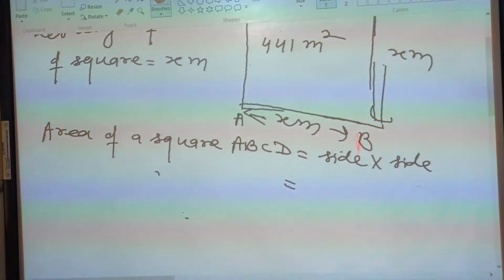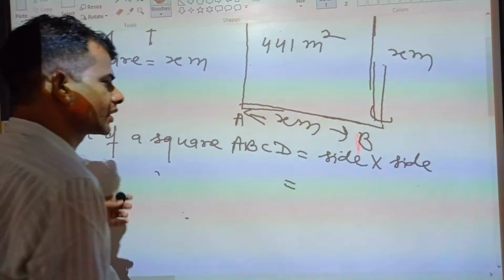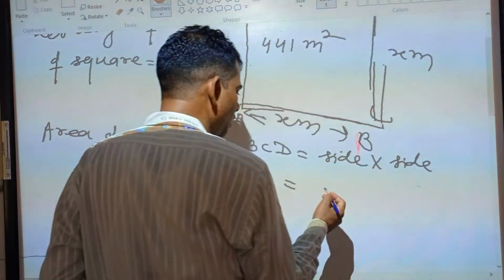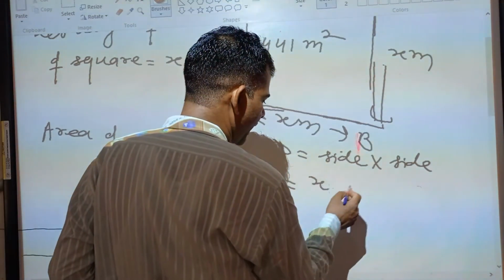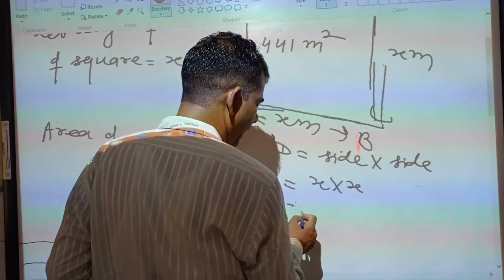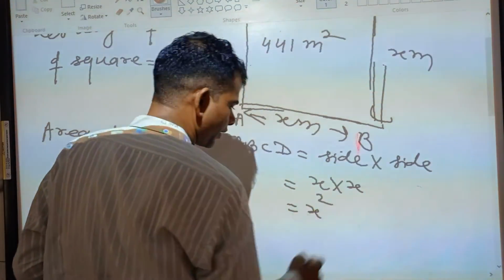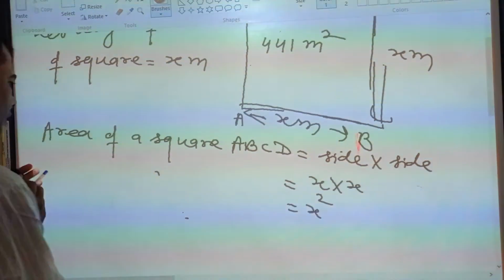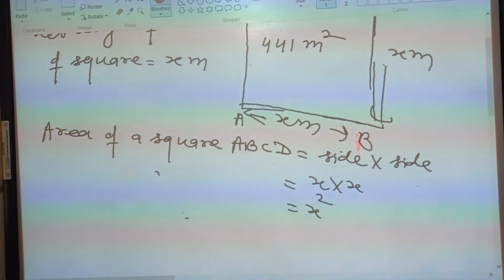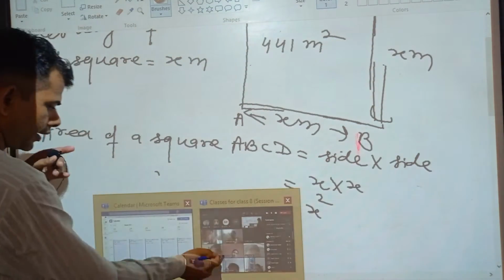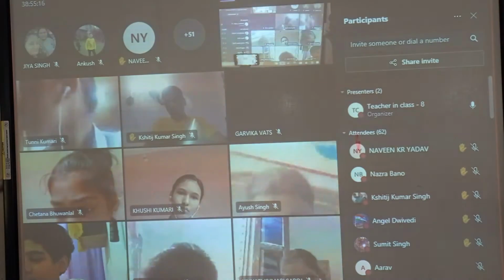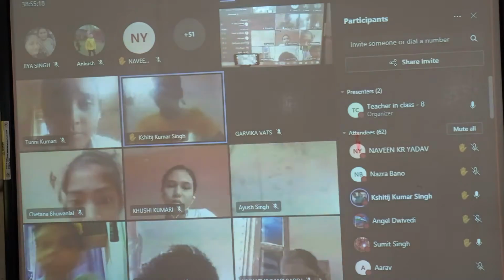Area of square ABCD is side into side. Your side is x, so x into x becomes x square. Yes, am I audible to you? Yes, sir.